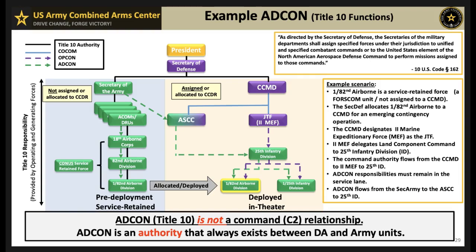This intricate relationship ensures the Army can rapidly deploy and sustain forces while maintaining overall strategic direction and administrative control. Understanding these components, especially the nuances of OPCON and ADCON, is essential for appreciating the Army's operational complexities.